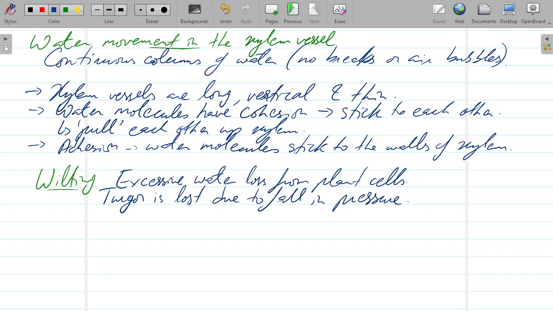So the plant cells try to maintain their state of being turgid, but it can only last so long, and so there comes a point where the cells become flaccid. And so the plant will become limp and it will droop.